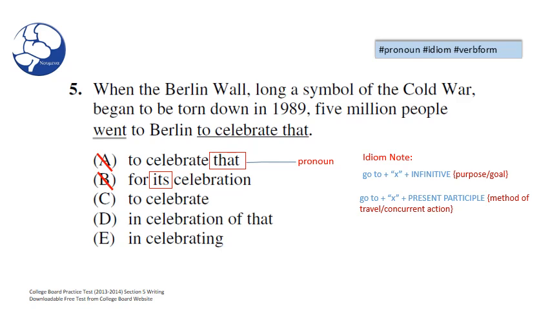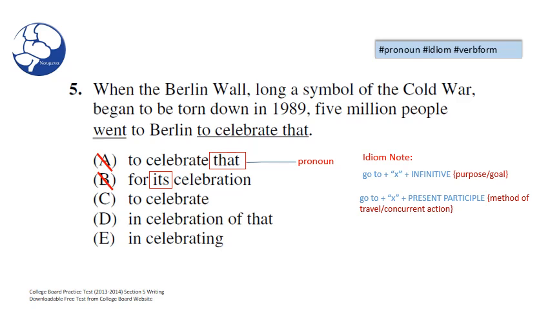What it's trying to replace is a verb form, to be torn down. That's an infinitive. It doesn't have the power to replace verb forms. So B is actually an antecedent pronoun error. A personal pronoun must always replace a noun in the sentence. Okay, I get it. A pronoun must refer back to a noun.